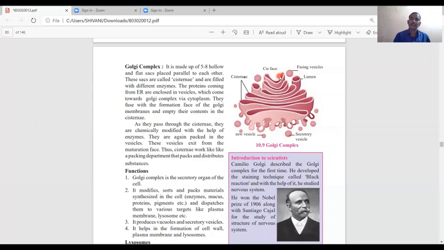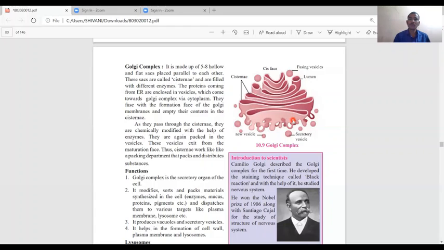As the proteins pass through all the cisternae, they are chemically modified with the help of enzymes. That is, all cisternae are filled with different types of enzymes.